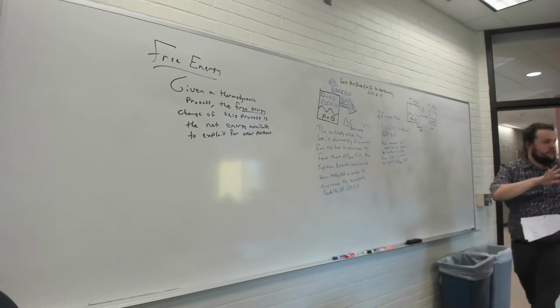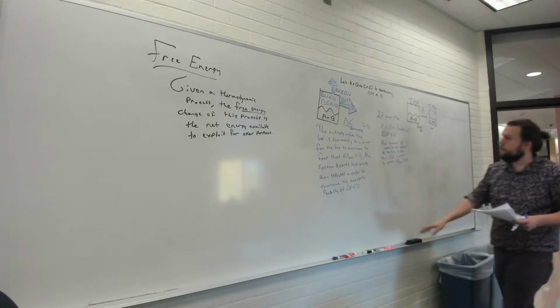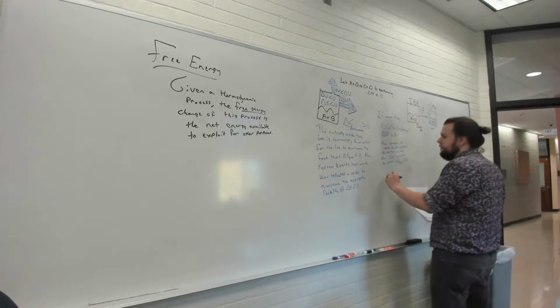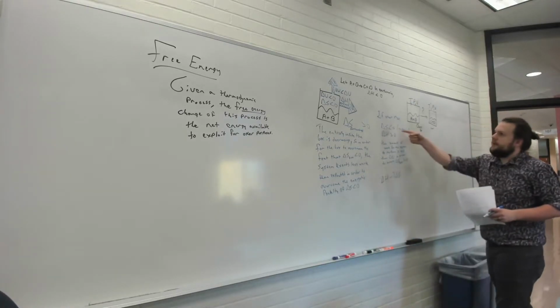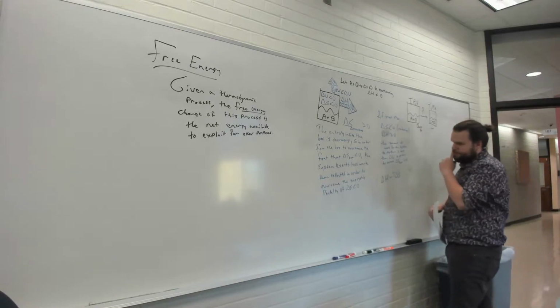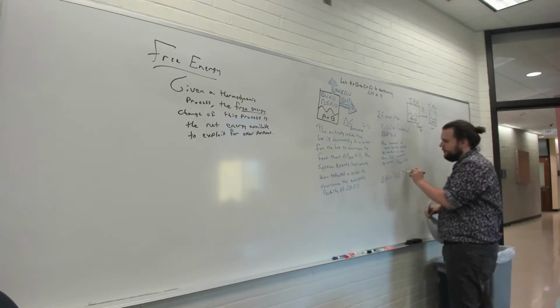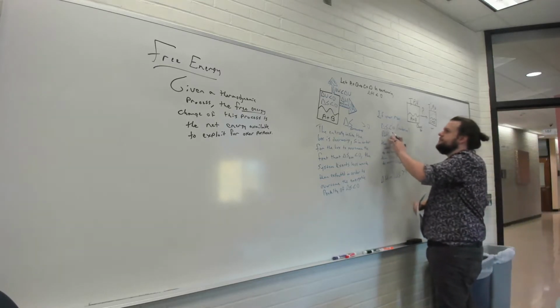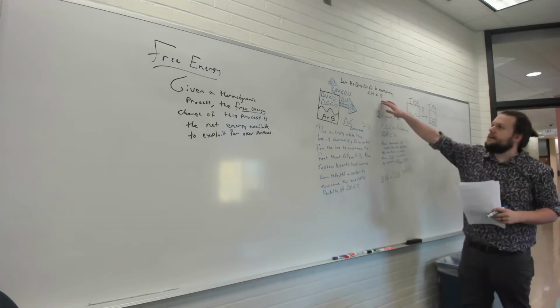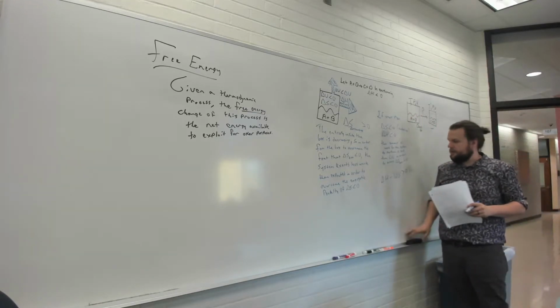All right, so maybe let's do the opposite case, and this will become more clear. So before we do that, we can look at delta H minus T delta S. Delta S is less than 0, right? It's exothermic, there's energy being released.